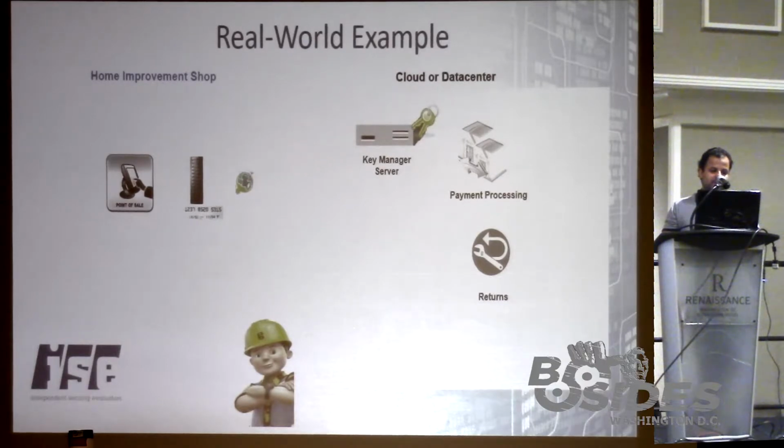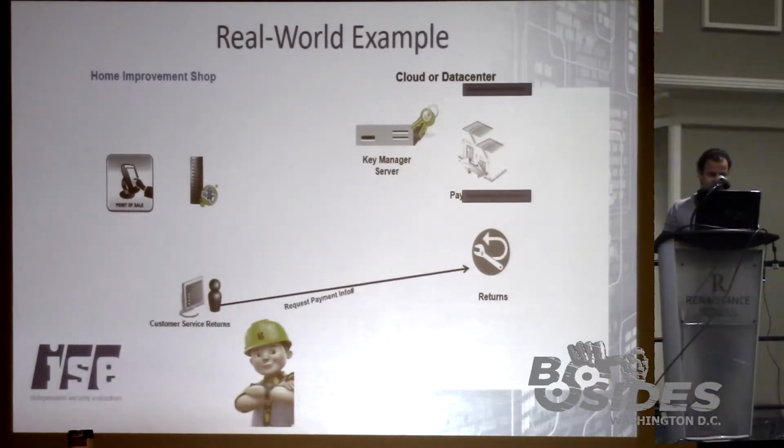And then the data key comes back to the point of sale, the POS, and then it probably encrypts the data and sends it to the payment processing people or the returns department back at Home Depot, which might be different, might be the same. And obviously I go back to Home Depot to return stuff.